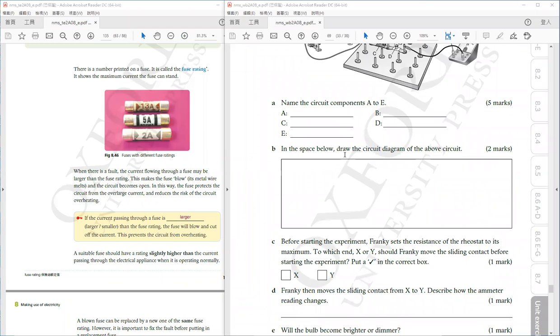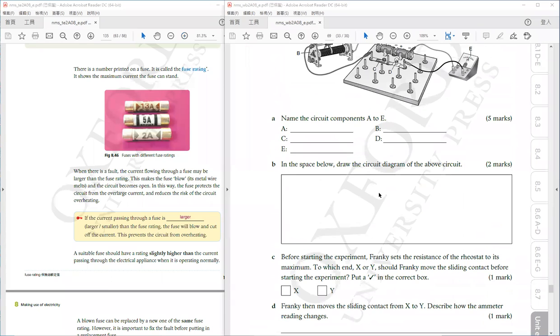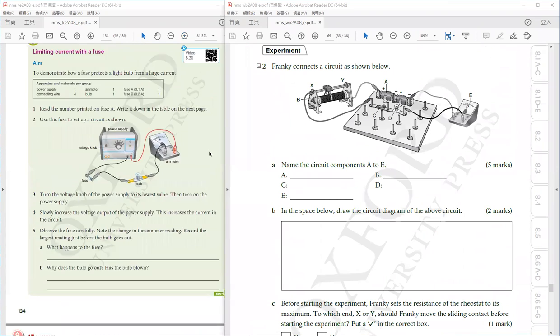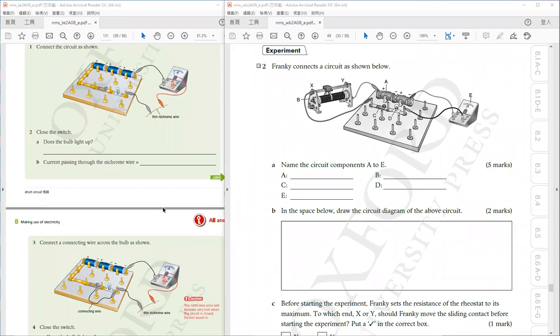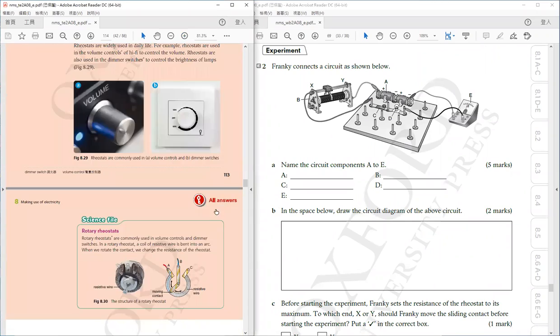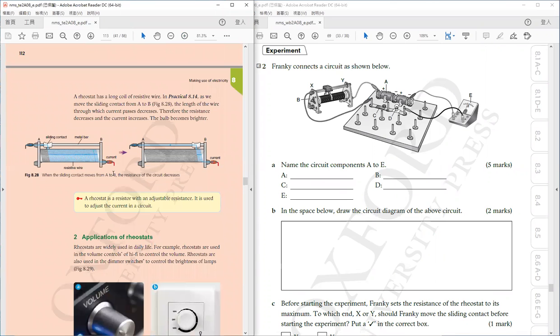Before starting the experiment, this student, Frankie, set the resistance of the rheostat to the maximum. How does it set to the maximum? So please study the rheostat.